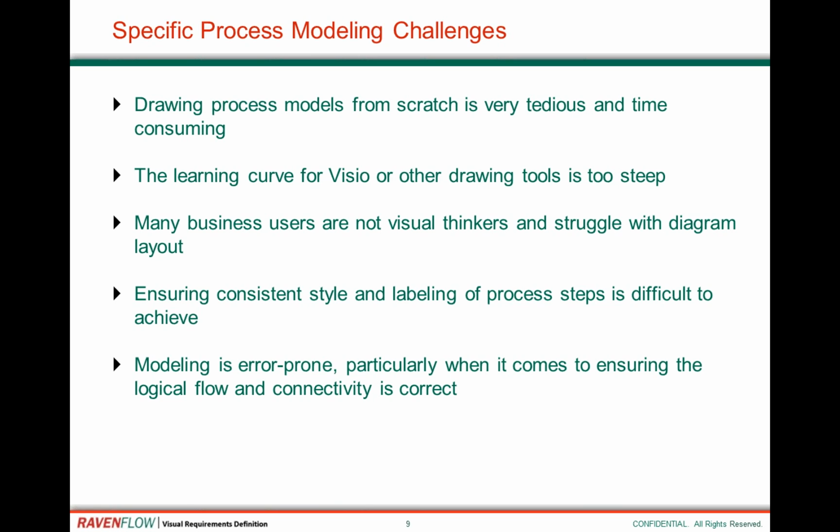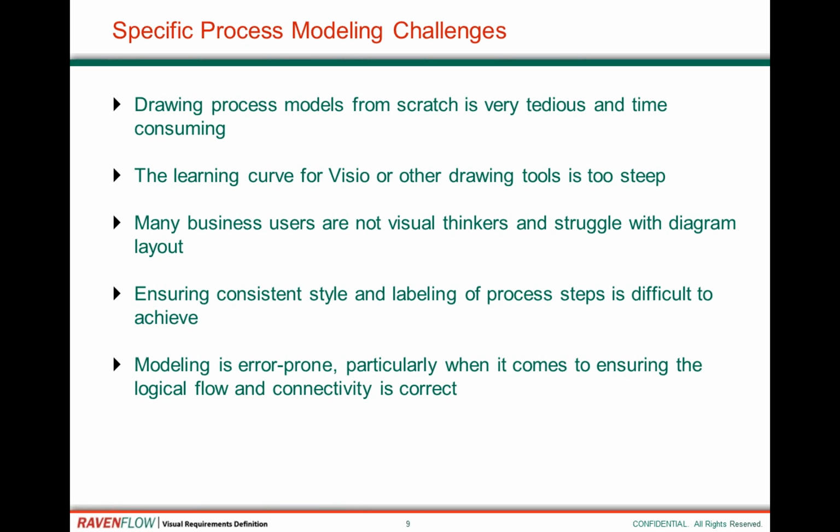They struggle with consistency, to make sure that the way the diagram is not just laid out, but the way it's annotated, is consistent from start to finish. And so making sure that the steps are named in a consistent way, perhaps in an active voice style, to make sure that the text that appears in each of the steps is consistent from one end to the other, so you don't call an activity something on one side of the diagram and something else on the other side, when you're talking about the same business function.